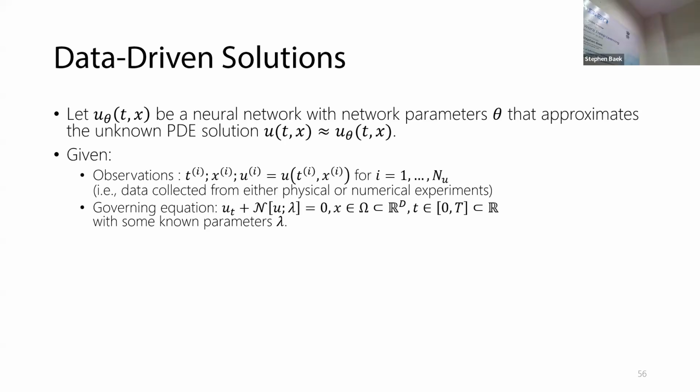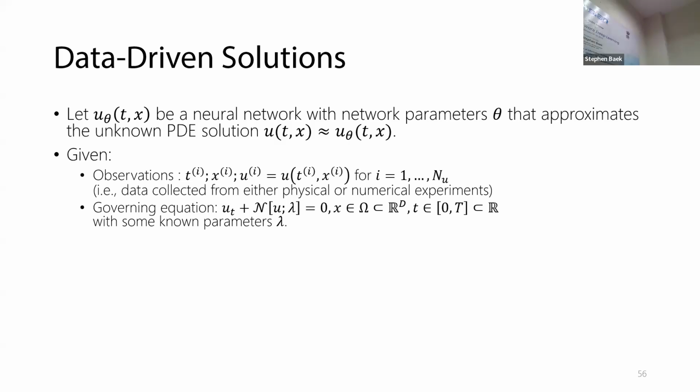So, again, either from an experiment or some sort of numerical simulation, we assume that we have this tuple of t, x, and u. And that is what we use for the data loss.